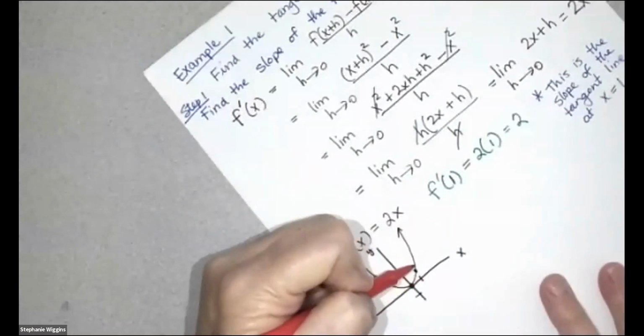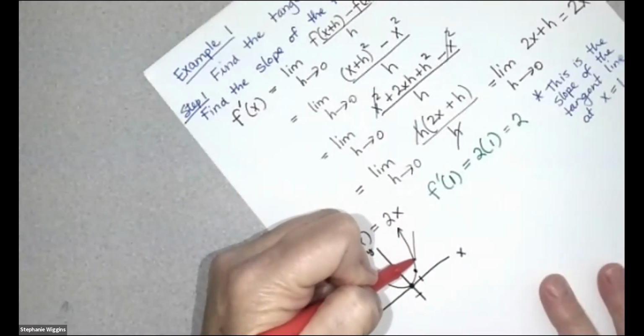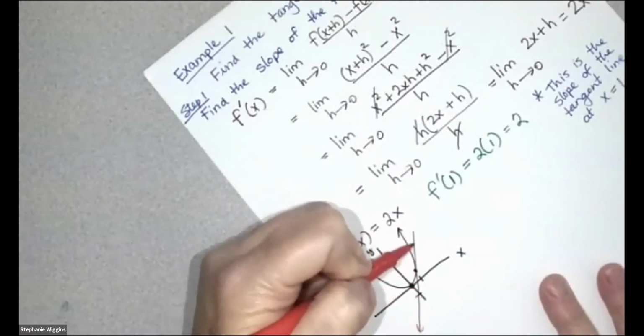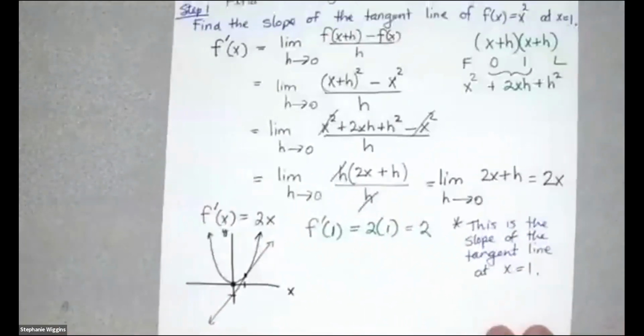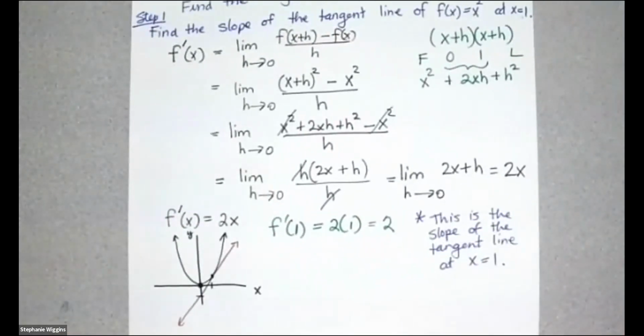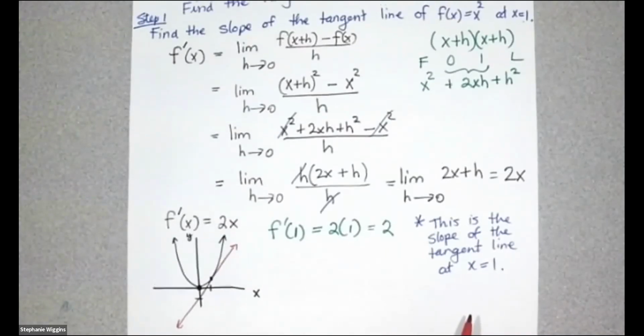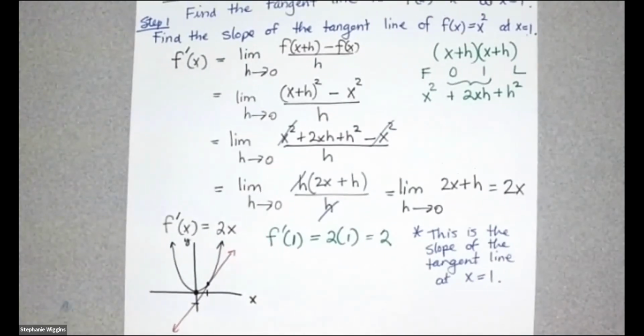We have the tangent line. So what we found is the slope of this red tangent line here, the slope is 2. We're not quite done yet. We still have to find the entire equation, but we're working towards that.